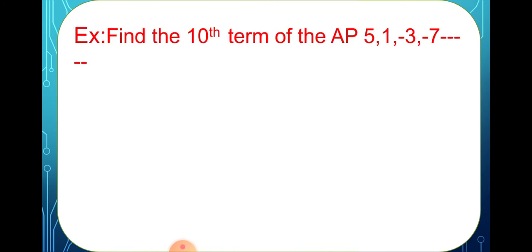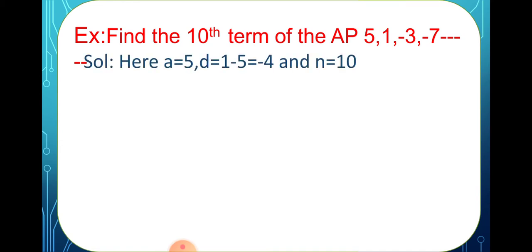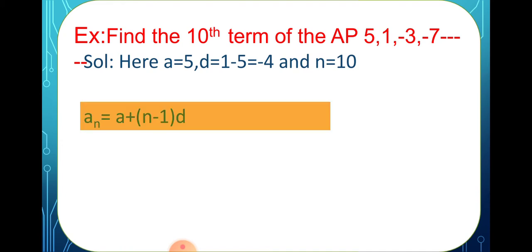Students, here one example is there. Find the 10th term of the arithmetic progression 5, 1, minus 3, minus 7 and so on. Solution. Here a equals 5, that means the first term of this arithmetic progression is 5, and d equals a2 minus a1, that means 1 minus 5, that equals minus 4, and n equals 10.